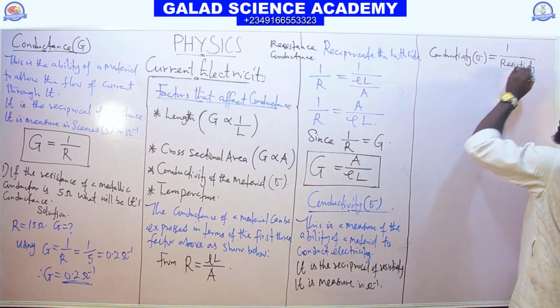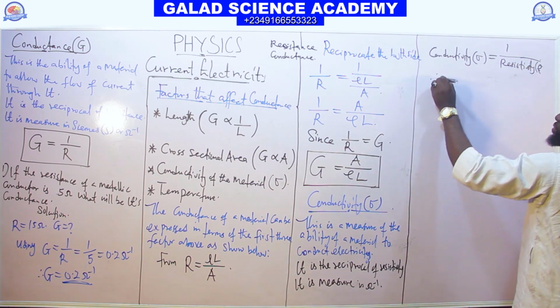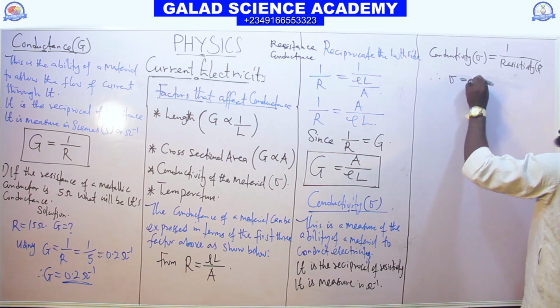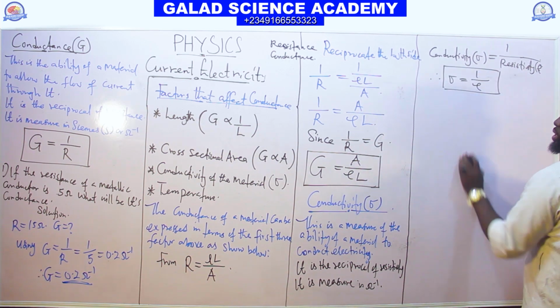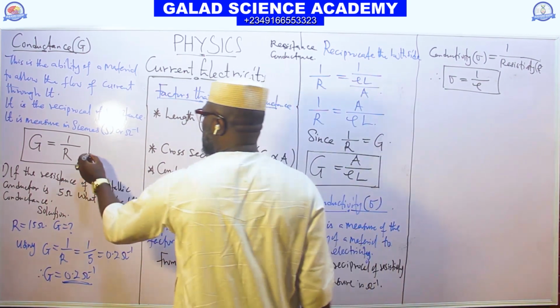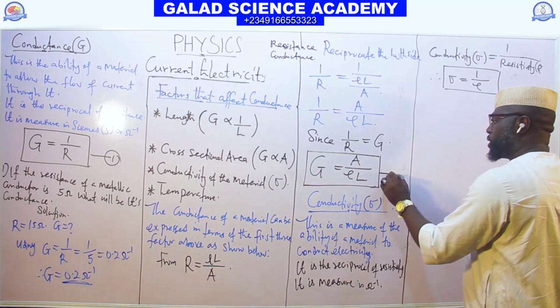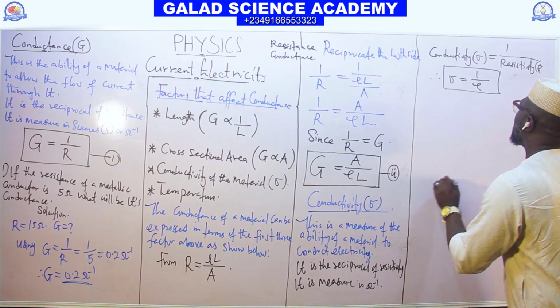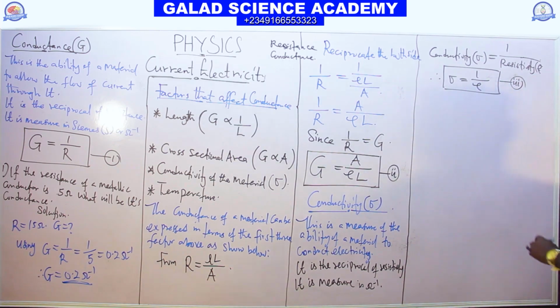Therefore, sigma equals 1 over resistivity. If I call this equation 1, this will be equation 2, and this will be equation 3.